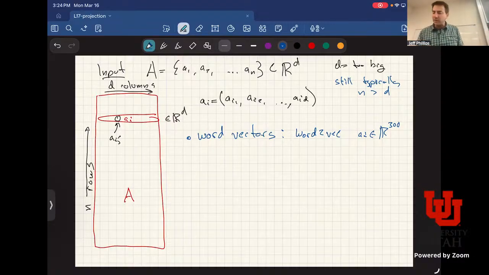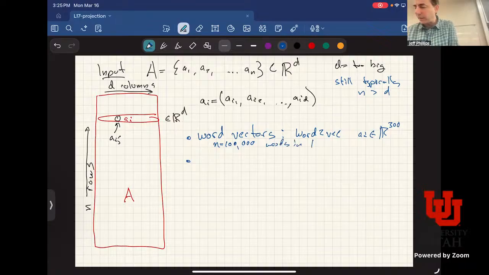Okay, so something a little more tangible about what this could mean: these word vector embeddings usually cover about the top 100,000 words in English.